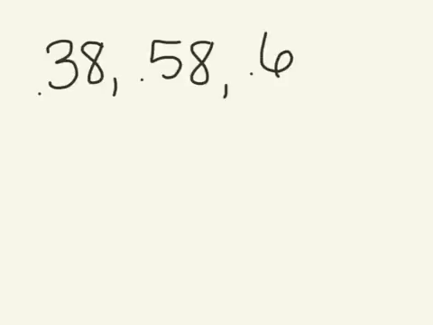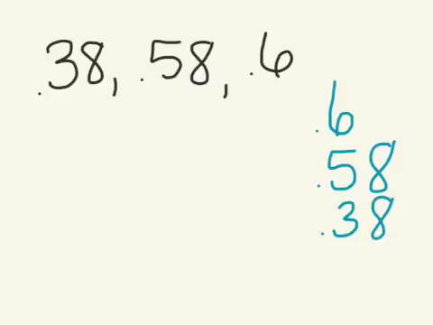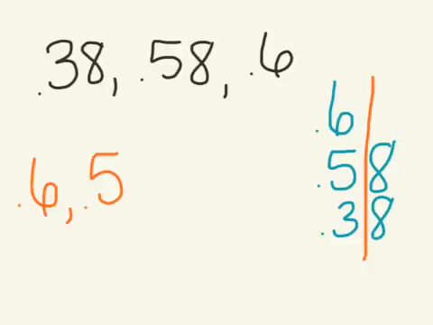Now, I always say that you should compare your decimals vertically, and remember from class that vertically means up and down. So I'm going to go ahead and put 0.6, 0.58, 0.38. Now all of these have different numbers in their tenths place value, so it doesn't really matter, because we know that our 0.6 is going to come first, then our 0.58, and then our 0.38.